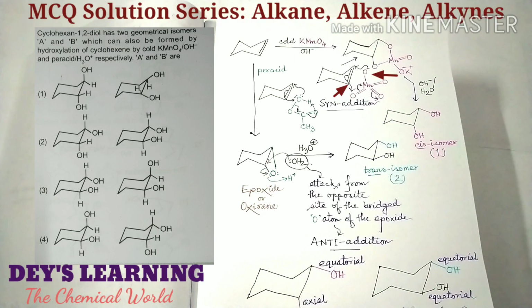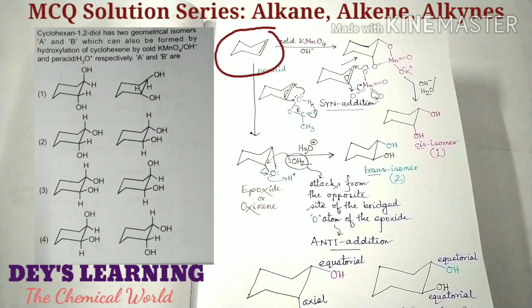So the two oxygens attach to the double bond from the same side. So this is a syn addition process, and followed by alkaline hydrolysis we get the cis isomer. This is cis 1,2-diol, cis cyclohexane 1,2-diol.